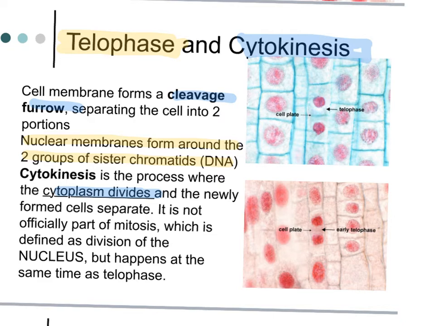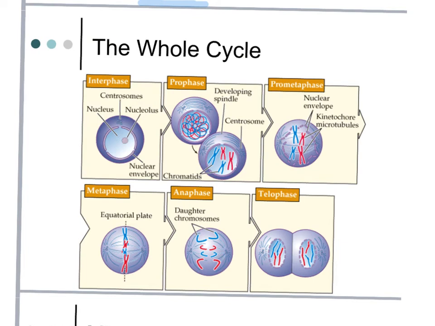It's daughter cells. So here is a cartoon sort of depiction of the process. In interphase, we have our organelles growing and duplicating. We have our centrioles appearing, and just generally getting ready for the rest of mitosis.